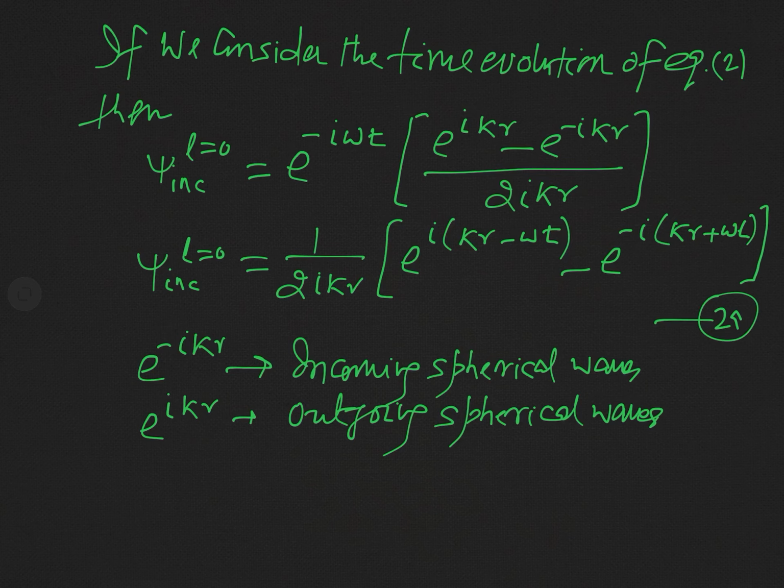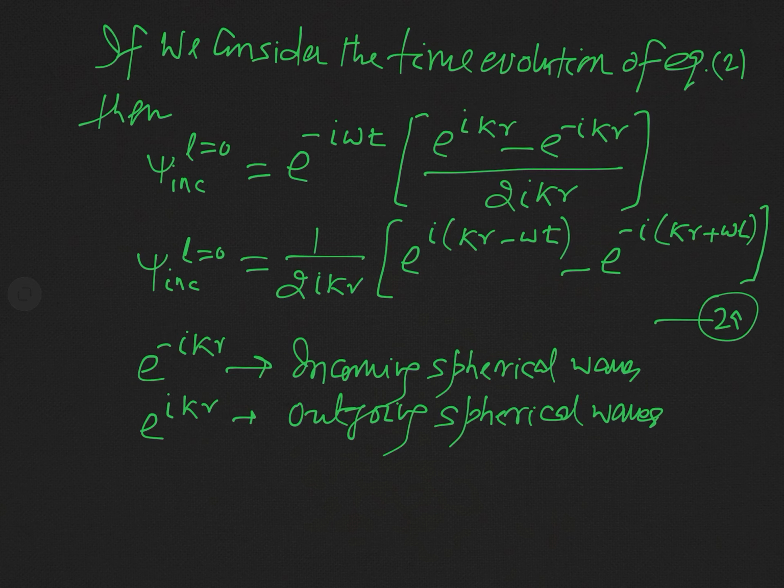So you can see that in case of l equal to 0, the part of the incident wave is actually the sum of the two spherical waves, not a plane wave, as our first assumption was that the incident wave is a plane wave.